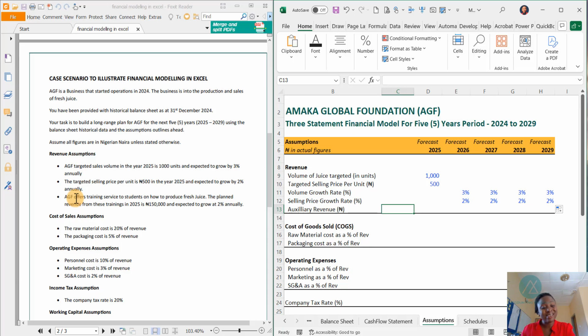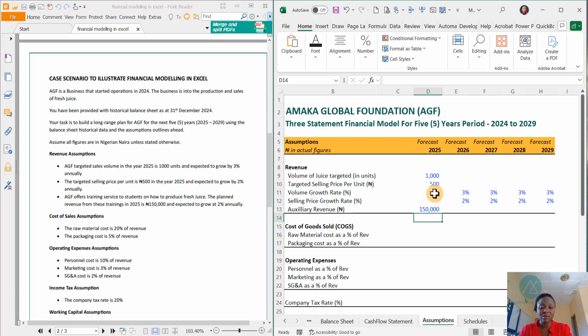Maybe they offer it by the side, doing training for persons that are interested in building capacity. The selling price growth rate is 2%, and I'll still use this 2% for both the selling price and the auxiliary. So this is 150,000 in 2025, and is expected to grow by 2%. So let's have that in mind.